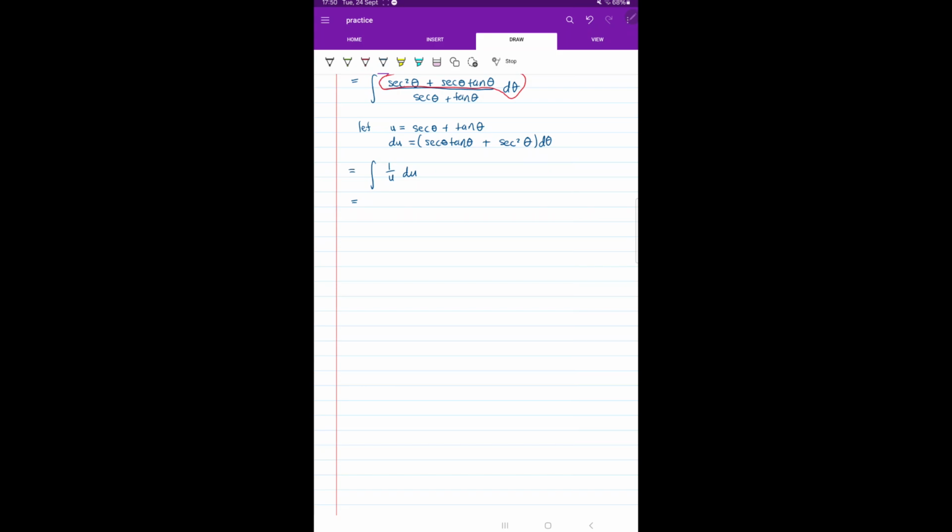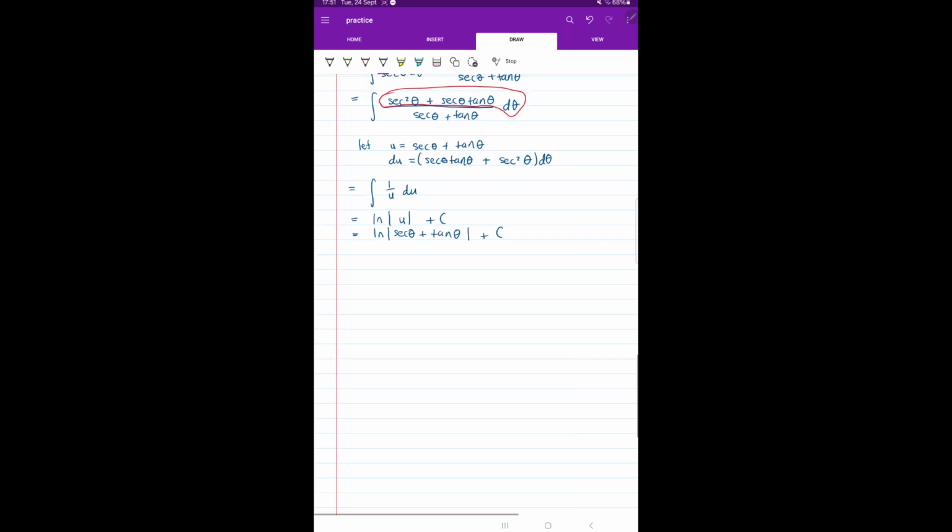Now the integral of 1 over u is ln absolute value of u plus c, and what is u? u is secant theta plus tangent theta, plus c, and we are still not done.